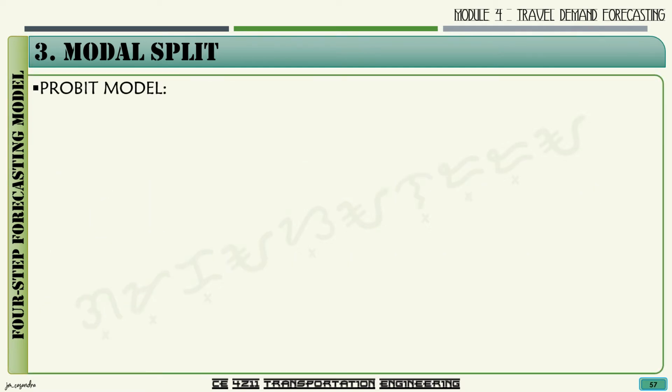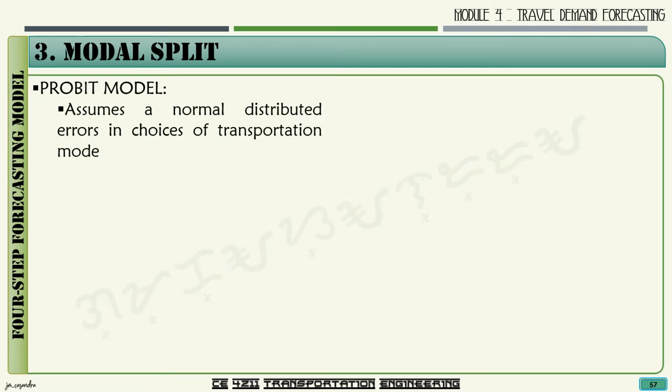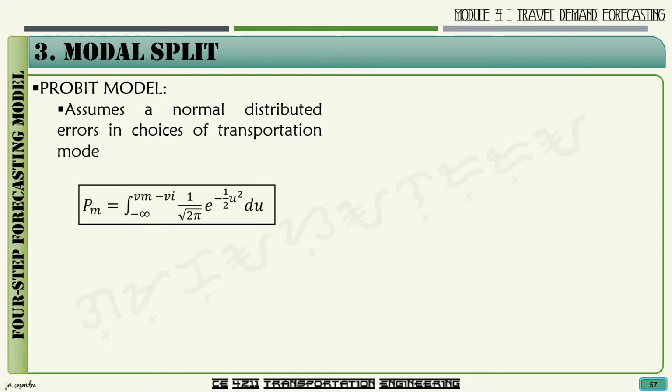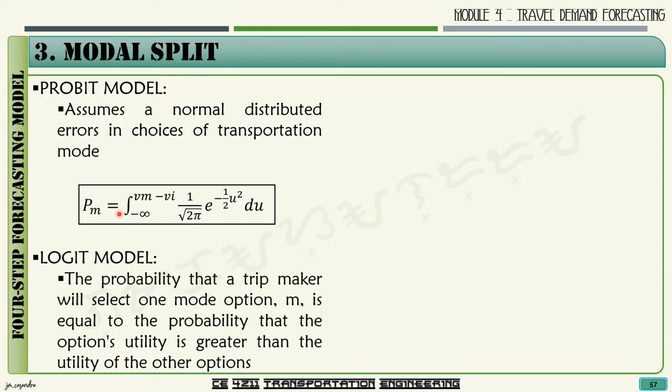For our Probit model, this assumes a normally distributed error in choices of transportation mode. So basically, the equation for a Probit model will be given by this equation. For the logit model, this computes the probability that a trip maker will select one mode option M, which is equal to the probability that the option's utility is greater than the utility of the other options.